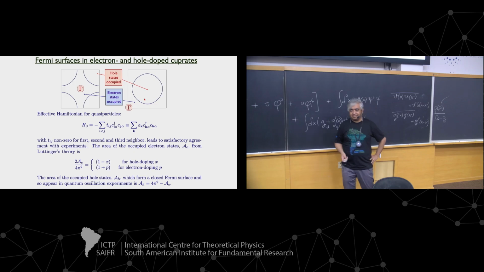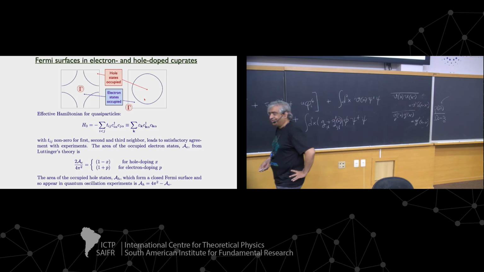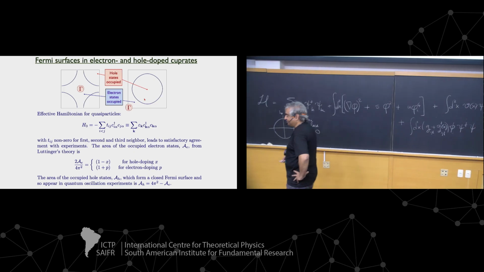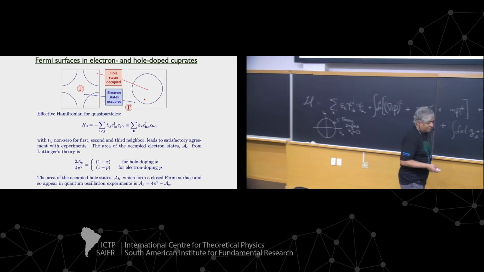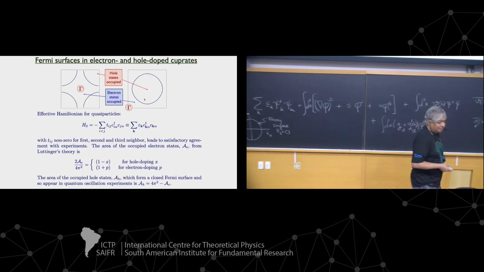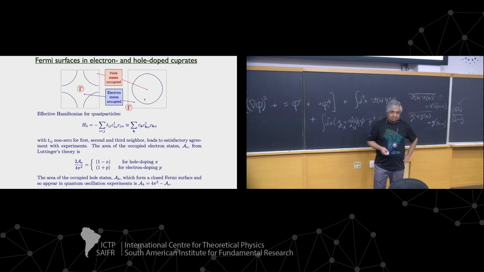It's probably the earliest topological theorem discovered in condensed matter physics. It wasn't recognized as topological until work by Oshikawa, but there's an invariant here, which is the area enclosed by the Fermi surface, and that is independent of the interactions, at least as long as you're in this phase with this Fermi surface. Okay.